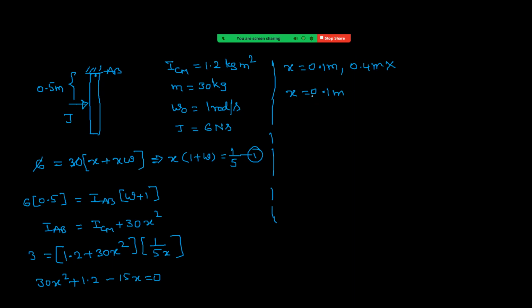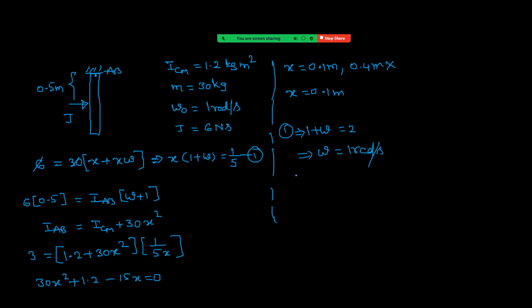Taking 0.1 in equation 1, 1 plus omega equals 1 by 0.1, that is 10, hmm 1 plus omega equals 2, which implies omega value is 1 radian per second.